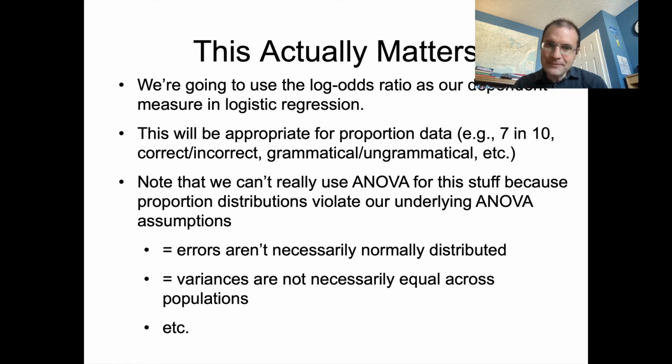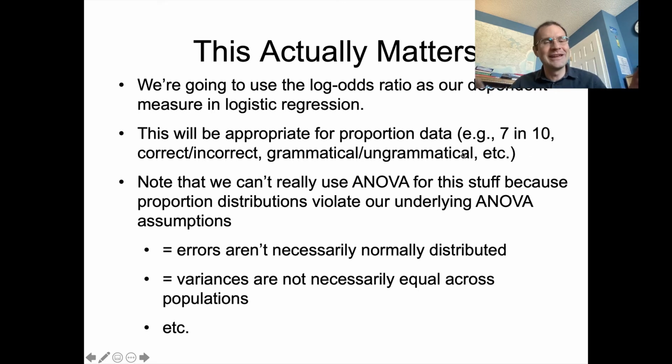In addition, we can't really use ANOVAs for this, because proportion distributions violate our underlying ANOVA assumptions. It used to be pretty common for people to just apply ANOVAs across the board. And then they would try to come up with this thing called the arcsine transformation to deal with the limits you might get for a test, like flipping a coin 10 times.